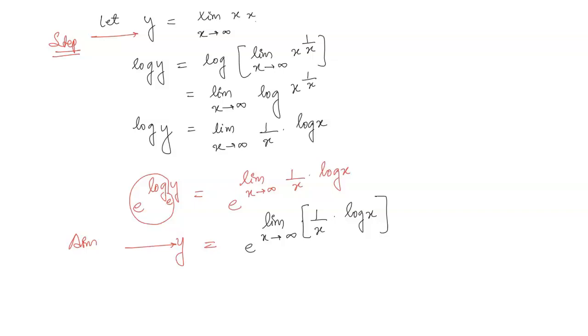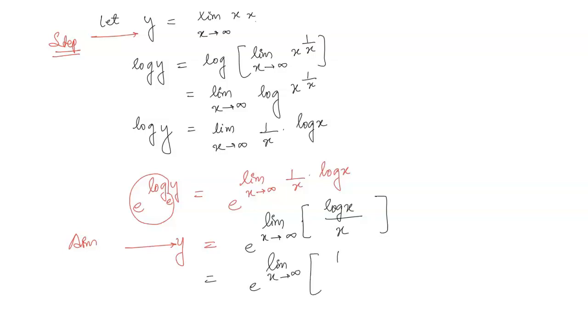because now you can see this 1 by x log x can be simply written as log x by x, right? So this is a simple function raised on e as a power with limit of x tending to infinity. So if we see here the log function over the top, and we have a denominator x, we can apply the differentiation technique over here.